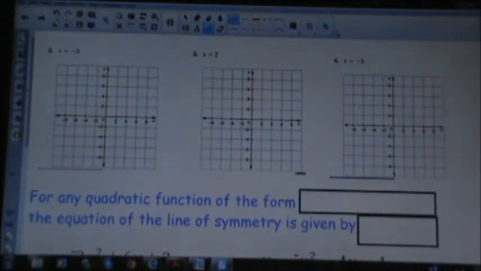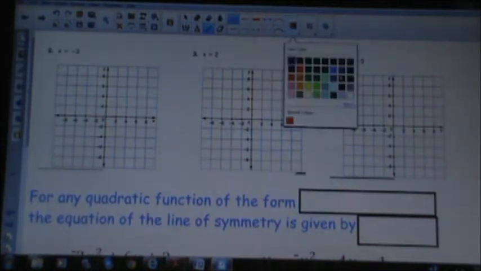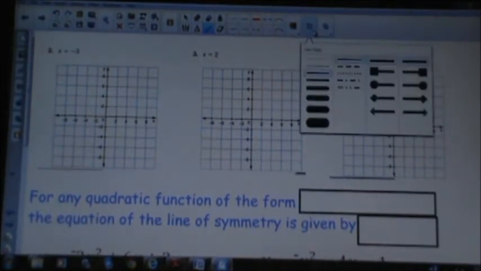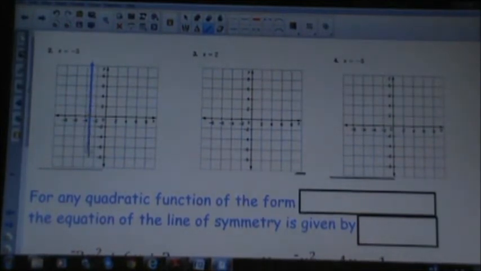Hopefully you have taken that time to graph these. I'm going to do it very quickly right here with you. x is -3, so no matter what y is, x is always -3, which is going to be right here. And this one says x equals 2, so there's x equals 2. No matter what y is, x is always going to be positive 2.